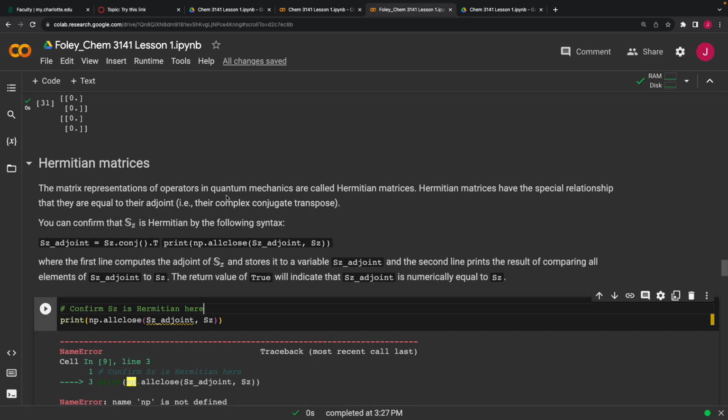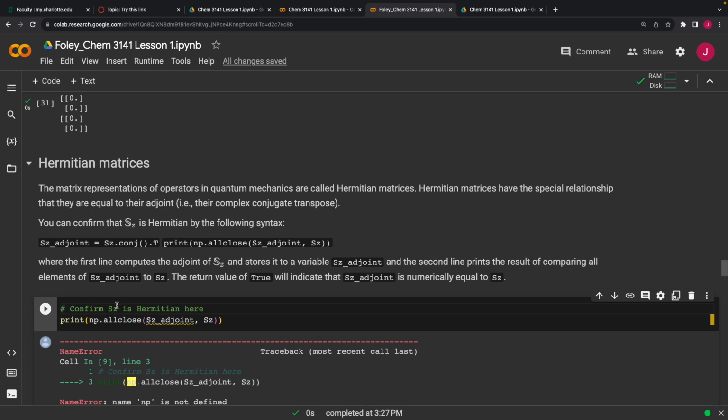We're going to check element by element that the adjoint of SZ is equal numerically to the elements of SZ. And we'll see that if they're all close, the computer is going to print true. And if they're not, if even one of them is wrong, the computer will print false.